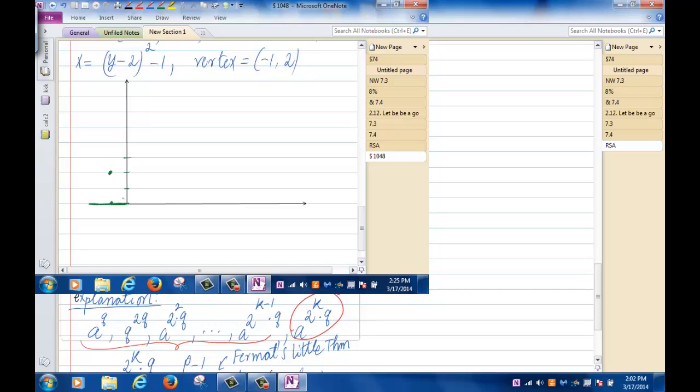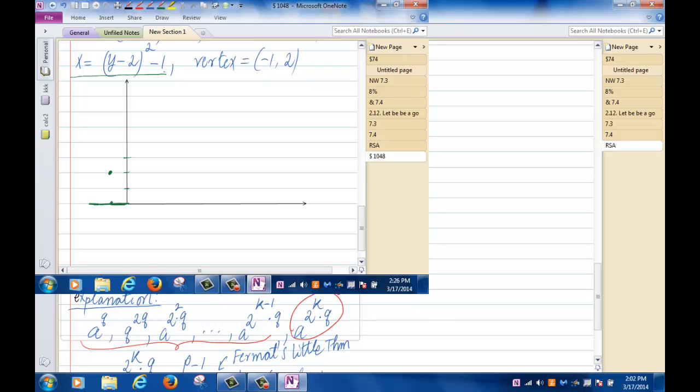Now, what are the y-intercepts? How do I come up with the y-intercepts? Which one is our equation? Our equation is right here, right? How do I find the y-intercept? Replace x by 0. If I replace x by 0, what do I get? (y - 2) squared is then what?